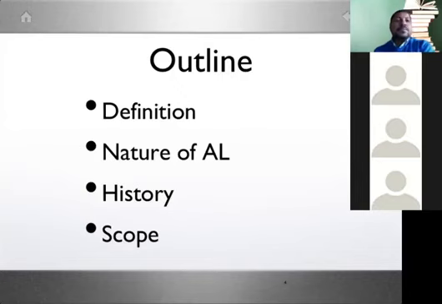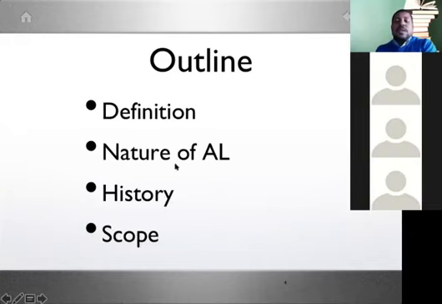Now, in the exam, if ever I ask you to define applied linguistics or any other term, what I mean is for you to give me your own definition, using your own words. Keep the same meaning, of course, but you should use your own words. This is the only way you can demonstrate full understanding of the concepts.